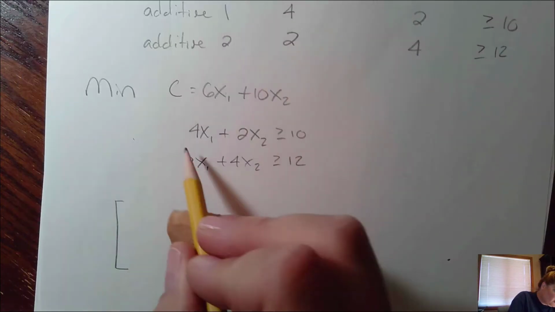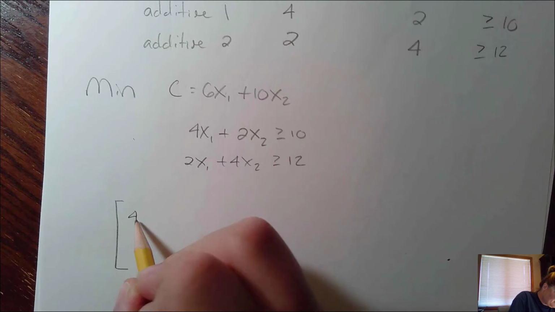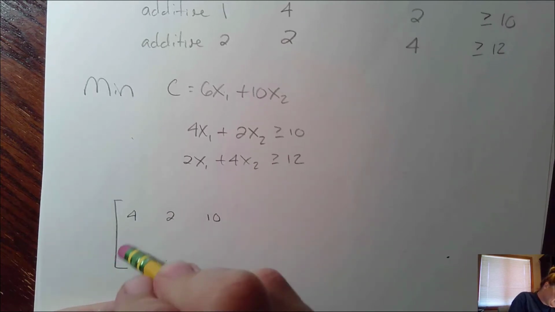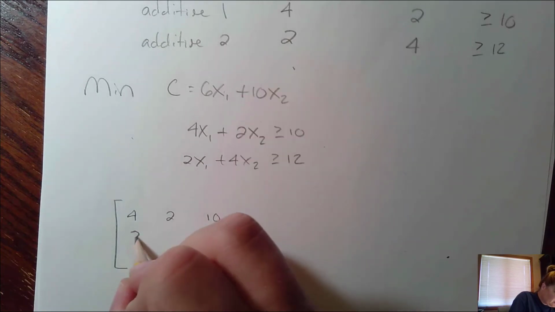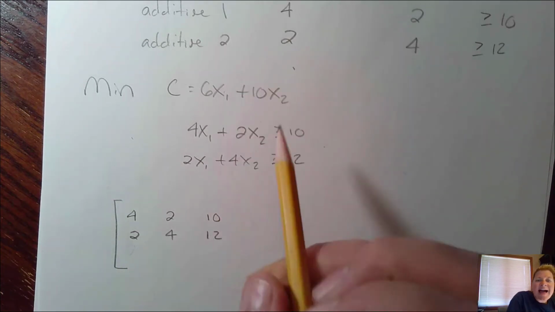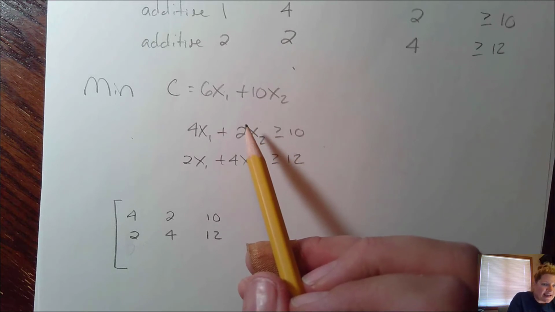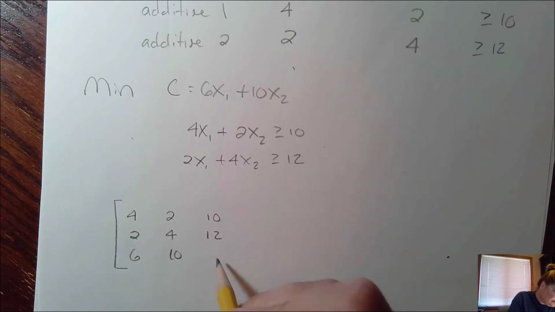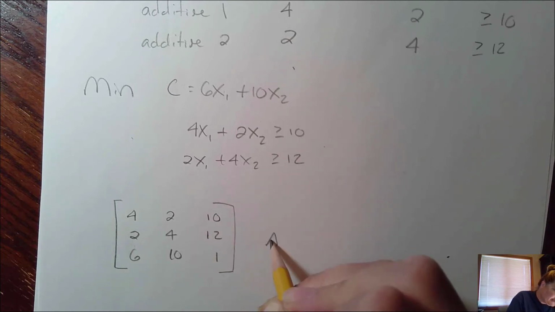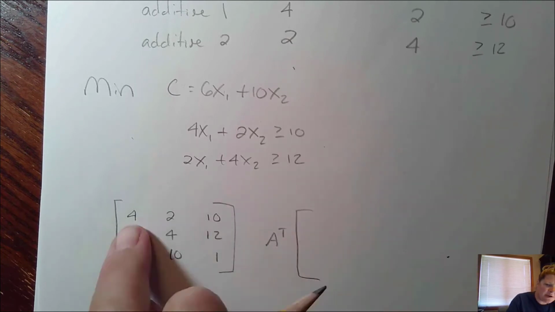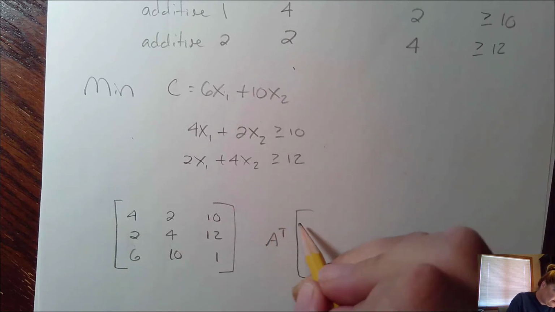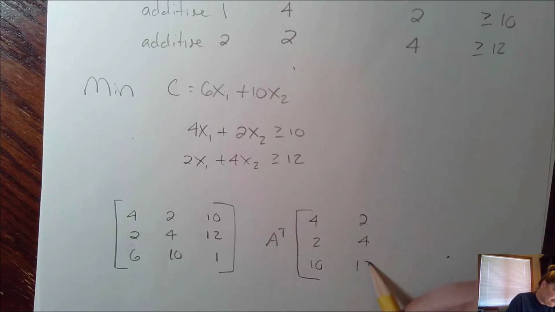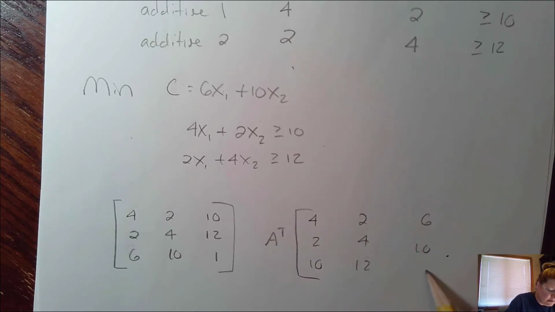So we're going to go 4, 2, 10, then 2, 4, 12, and then this last one here we're going to do as 6 with the x1s, 10, and 1. Then we need to transpose it. This one goes down. So 4, 2, 10, 2, 4, 12, 6, 10, 1.